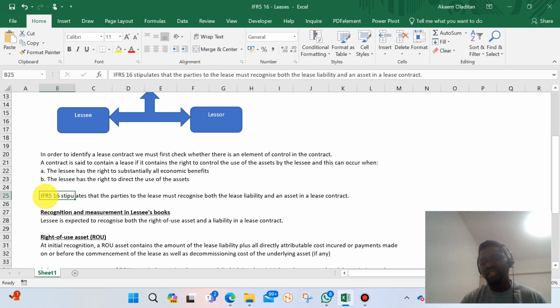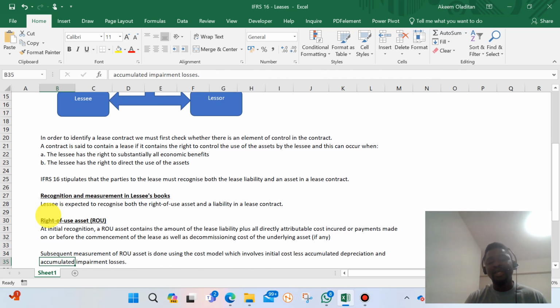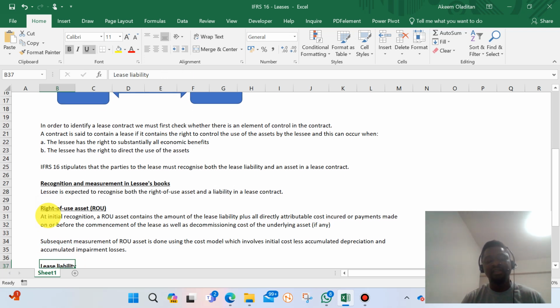The value was not actually stated in the contract, but that is what the standard says. In that instance, there has to be a lease liability and a right of use asset in the books of the lessee. So let's now look at how we recognize and measure the value of the lease in the books of the lessee.